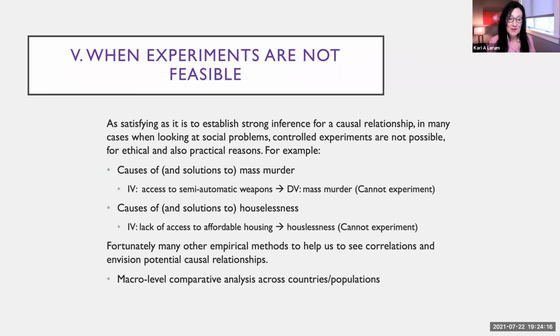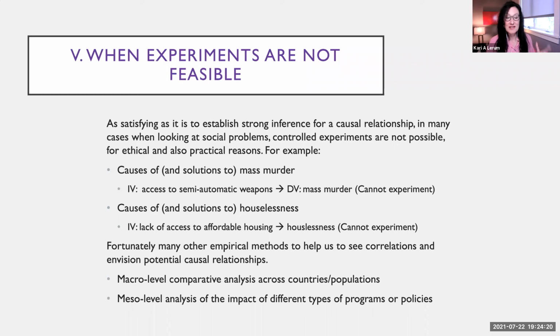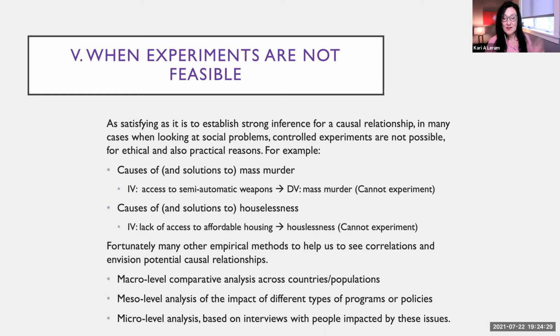So we have macro level comparative analyses across populations and countries, meso level analyses of the impact of different kinds of programs or policies, micro level analyses of interviews of people. All of these can have statistical analyses, which can statistically control for different variables. It's not the same as actually literally controlling people, but it's the best that we can do.